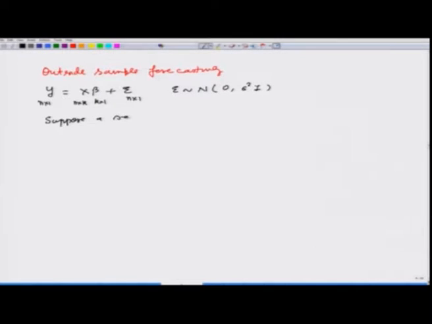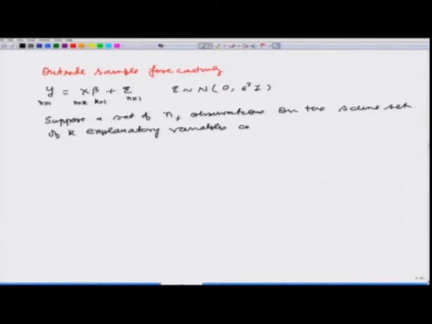In order to do the forecasting, we assume that a set of NF observations on the same set of k explanatory variables are available, and the corresponding observations on y are to be predicted.